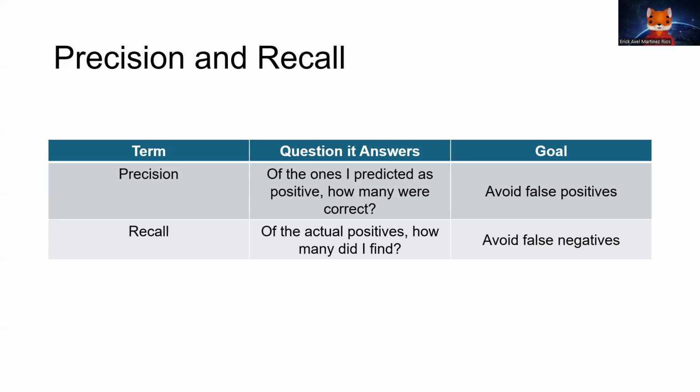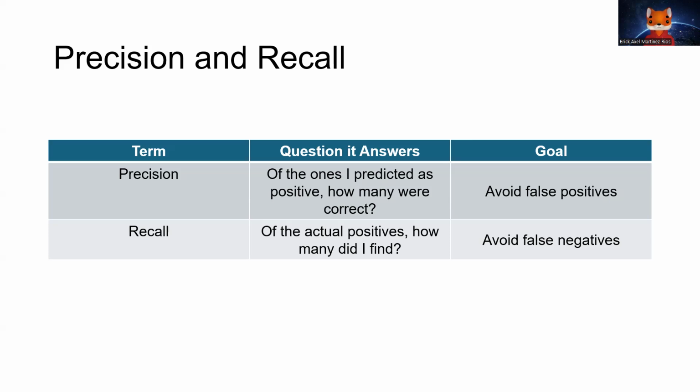In other words, of all the samples that I predicted as positive, how much am I avoiding the false positives? We want to avoid that. So the precision is a metric that is telling us, of all the samples that I classify as positive, how many of them were correct.